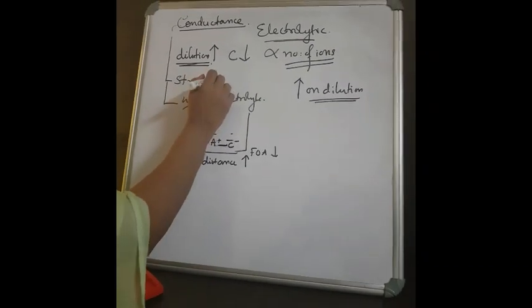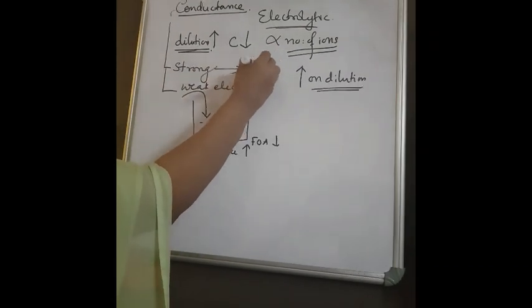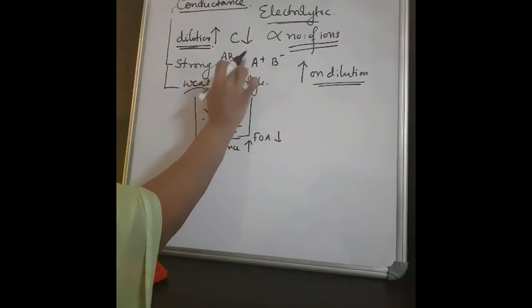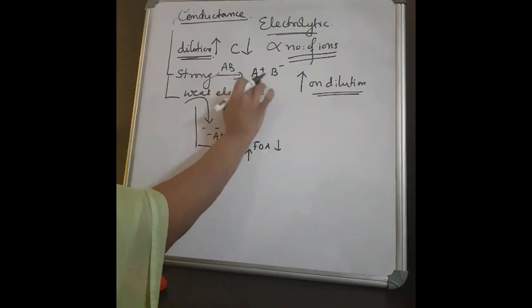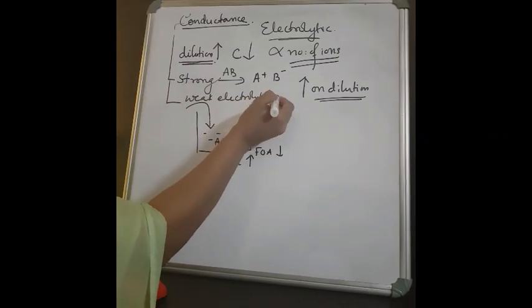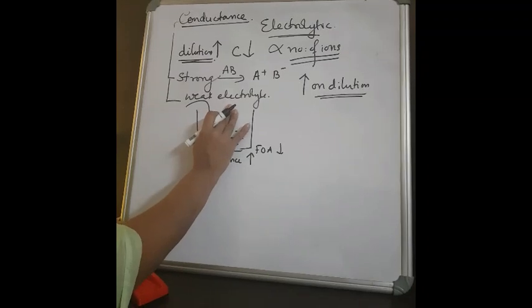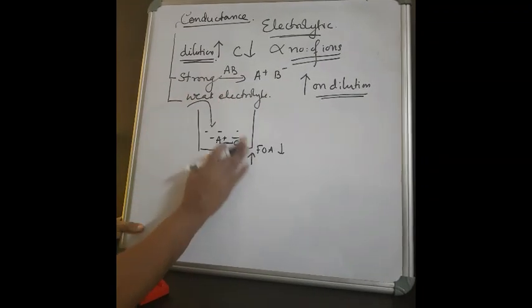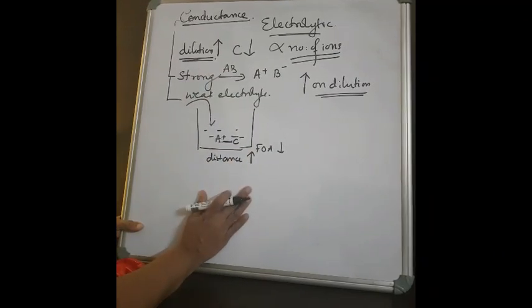And you know strong electrolyte means what? Complete dissociation happens, correct? If AB is an electrolyte, complete ionization happens and there is 100% dissociation. In a weak electrolyte there is a lesser amount of dissociation, but on diluting, the number of ions increases. How?